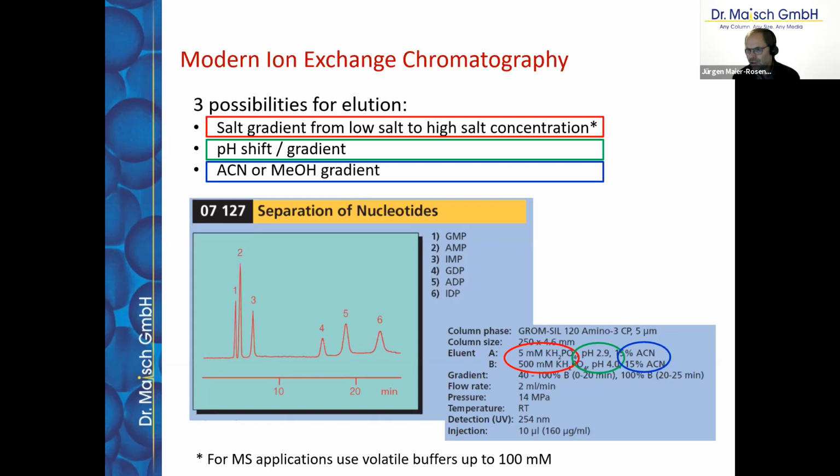If you have fewer charges, you have lower retention, and so you are forcing the elution. Knowing that we have not only the salt gradient allows us to use these mixed mode or multi-selectivity phases, which have a lipophilic and an ion exchange group, quite more effectively in method development.